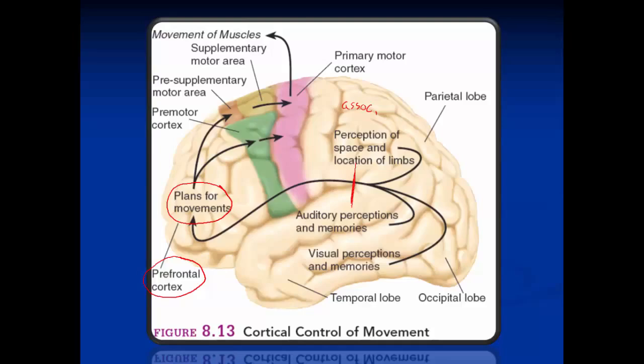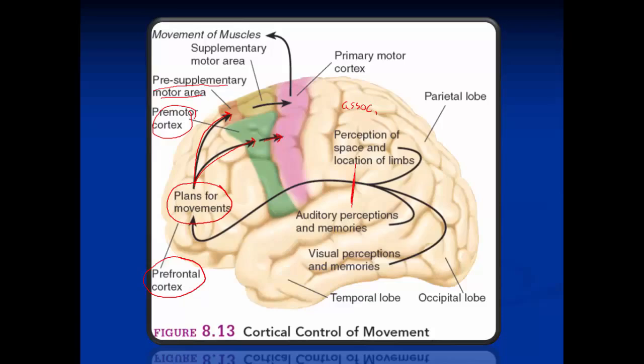Okay. Once you decide you want to move, now you have to actually engage in that behavior. I want you to know that the prefrontal cortex is going to send information to this pre-supplementary motor area as well as into premotor cortex. Premotor cortex is going to send information onto the primary motor cortex.